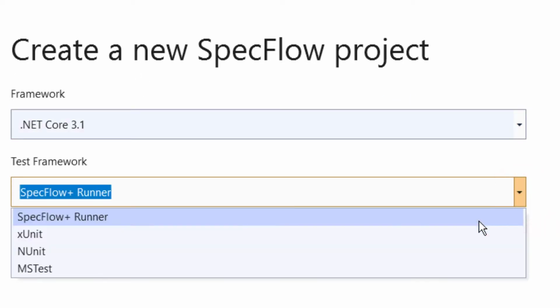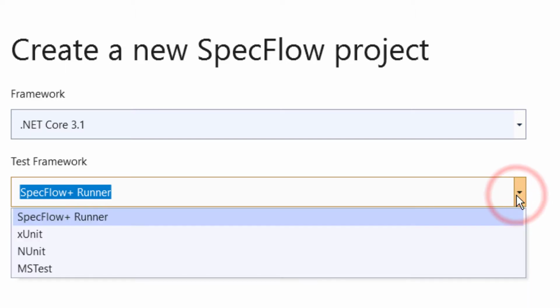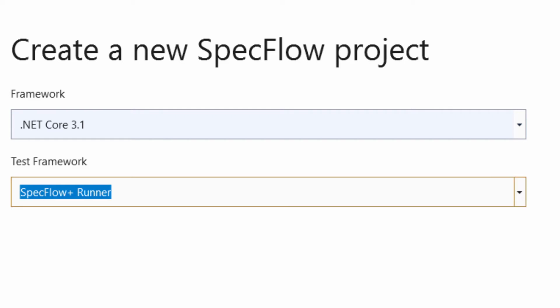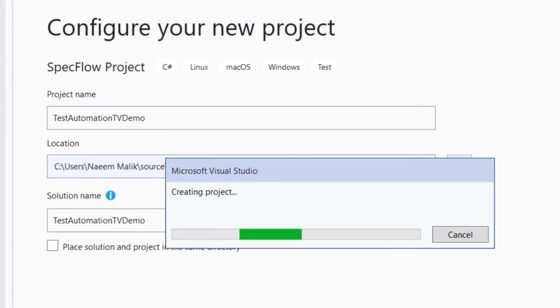I will leave SpecFlow plus runner here because, as I told you, it is not a premium product anymore. We just need to create a free account on the SpecFlow website to run the tests which are created using SpecFlow plus runner. We need to create a free account and sign in using Visual Studio, and that is it. Then we'll be able to utilize SpecFlow plus runner. I will click create.